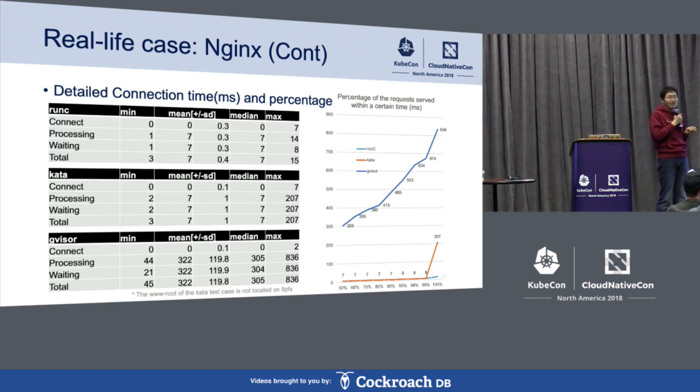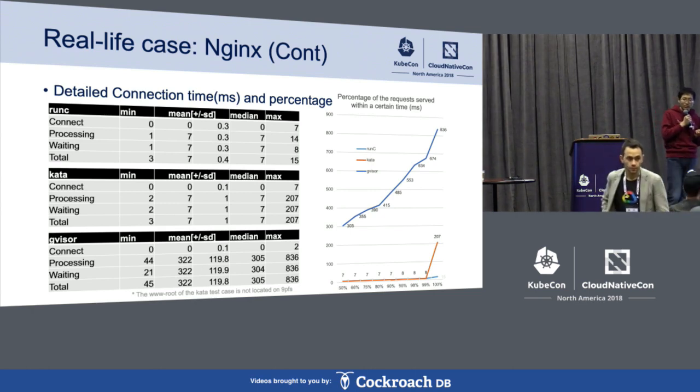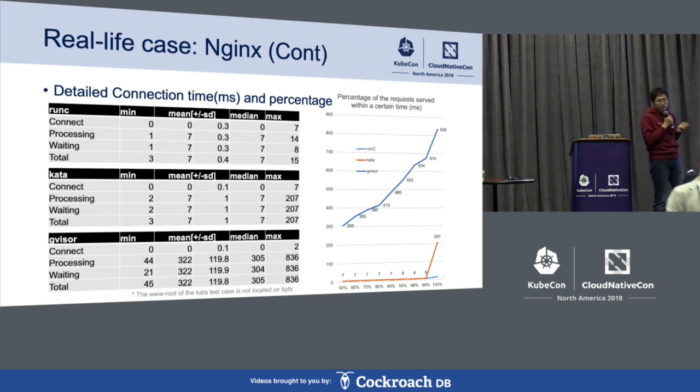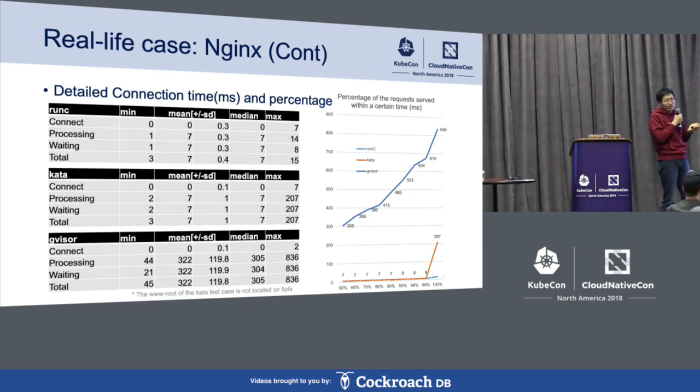There is one request that lasts for 200 milliseconds, and I think there may be some issues in the scheduling, but we will dig into it later. And for the others, quite similar. And you know gVisor is quite smooth, but not really fast.